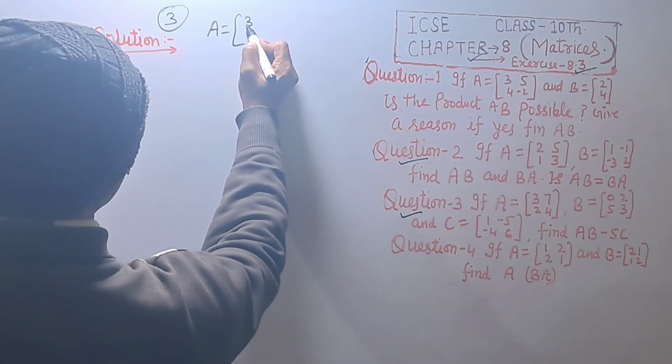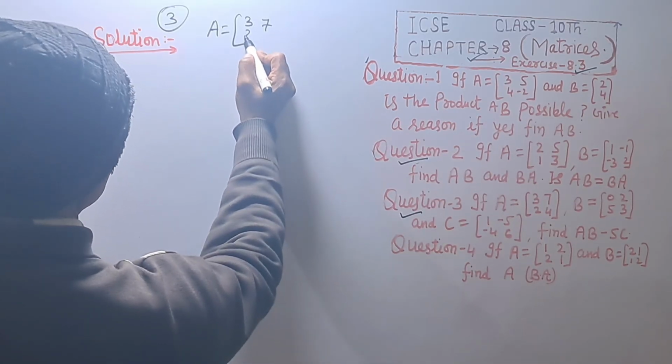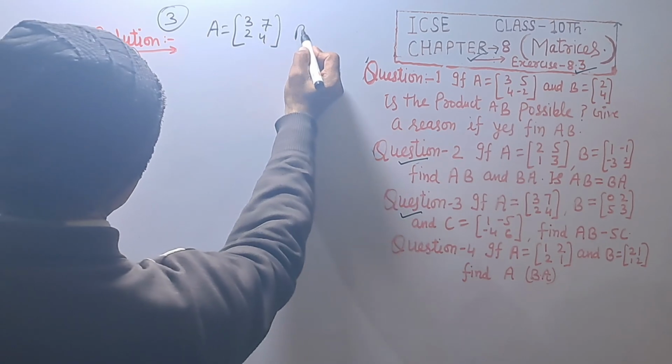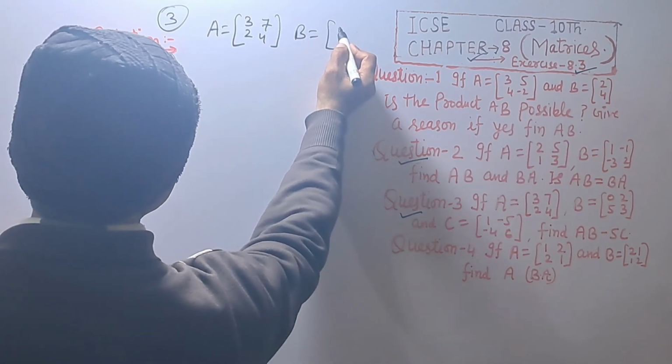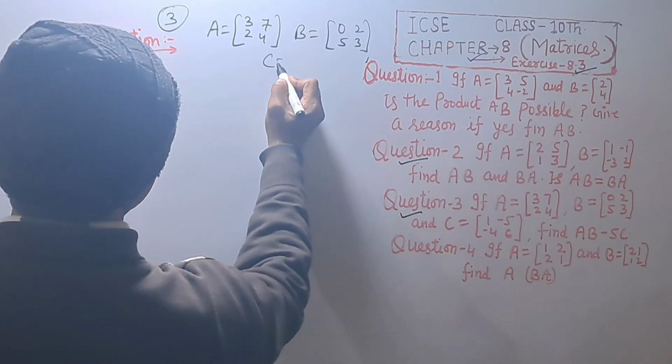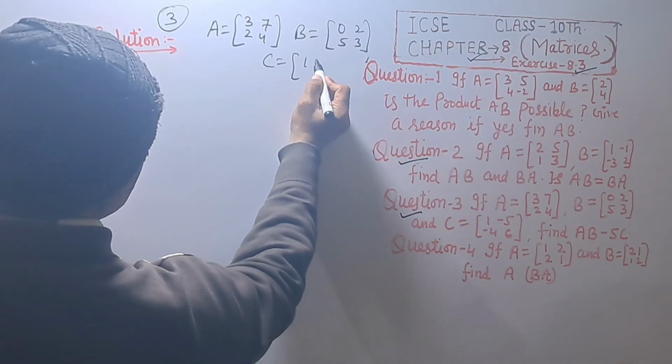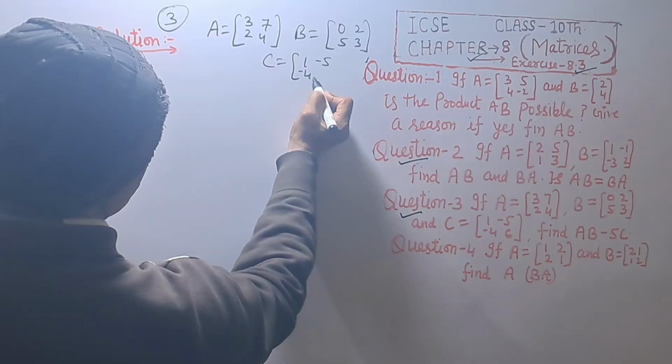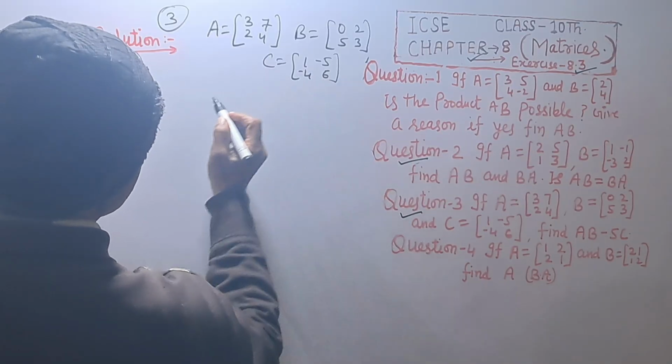A equal to 3, 7, 2, 4. B equal to 0, 2, 5, 3. C equal to 1, minus 5, minus 4 and 6.